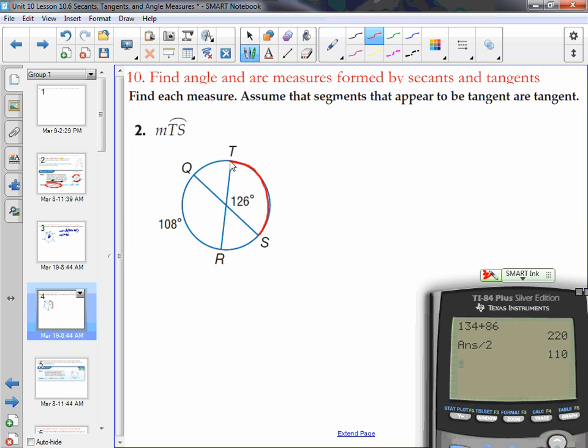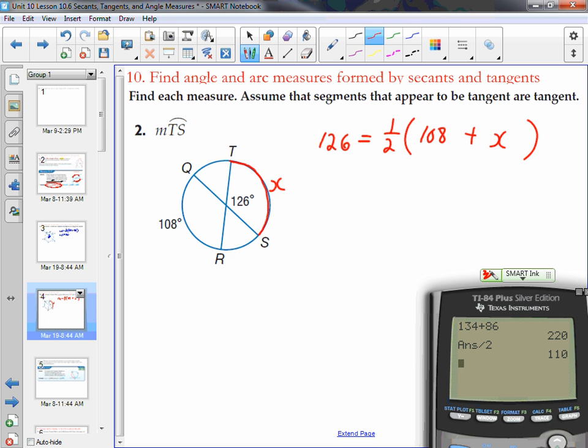Since that 126-degree angle is formed by two chords intersecting inside the circle, instead of writing measure of angle 1, I'm writing the measure of the angle, 126, equals half the sum of the intercepted arcs. The measure of one of the intercepted arcs is 108. The measure of the other intercepted arc, we don't know, so I'll call it x. And now we solve this equation.